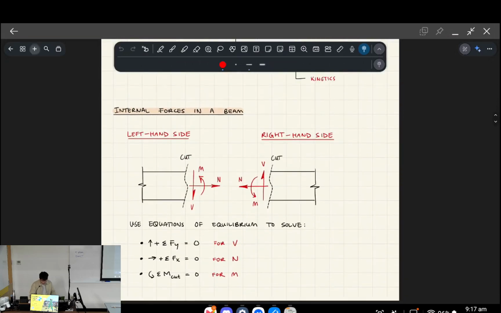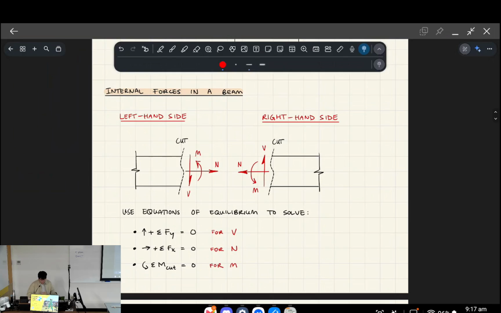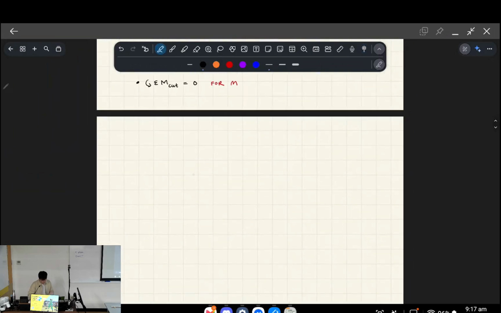Okay, the first thing I want to talk to you about is the internal forces within a beam. I realized last night I explained this too quickly to my other class. There's actually a lot to unpack here, but maybe I'll start with a quick example.